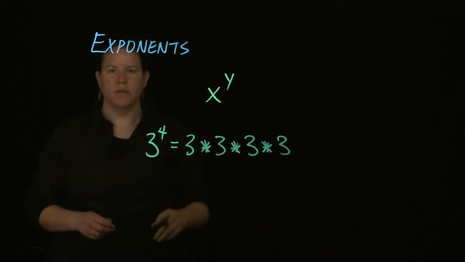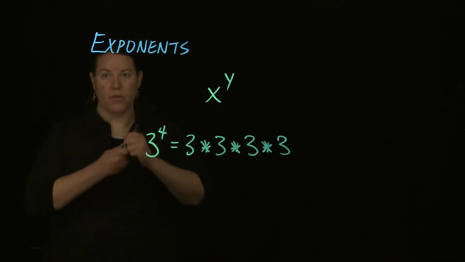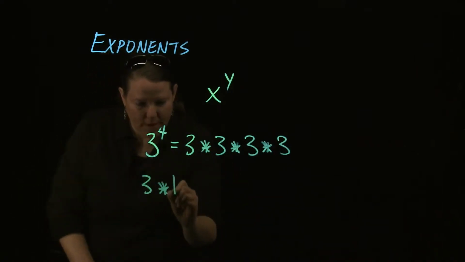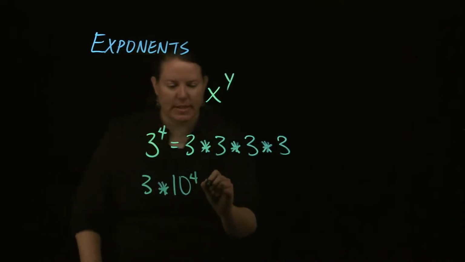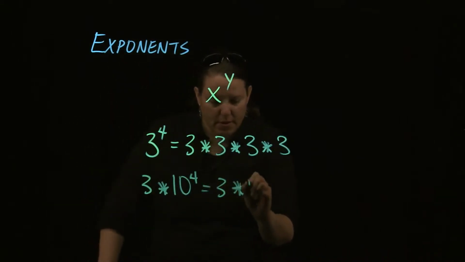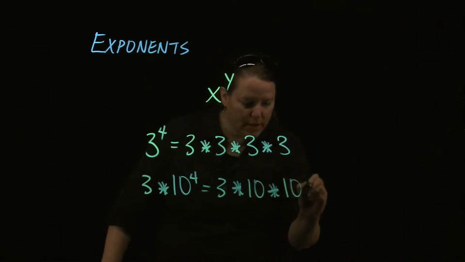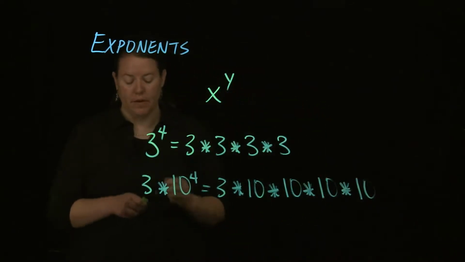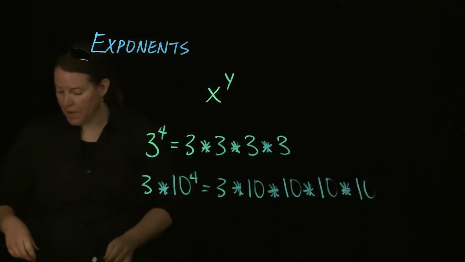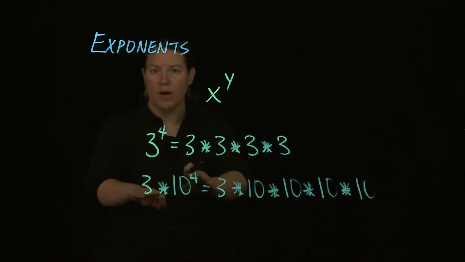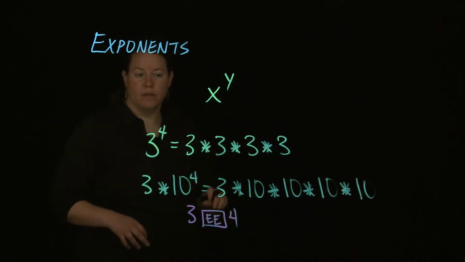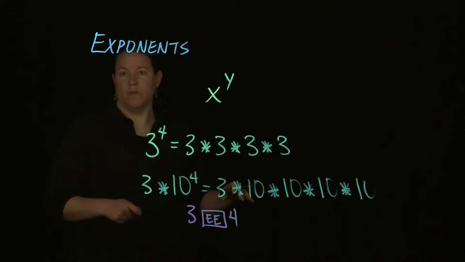So 3 times 3 times 3 times 3 is different than 3 times 10 to the 4th, which is 3 times 10 times 10 times 10 times 10. Totally different numbers. We already know how to plug this one in. We're going to hit 3 and then EE or EXP or times 10 to the whatever, 4. That's how I get 3 times 10 to the 4th.